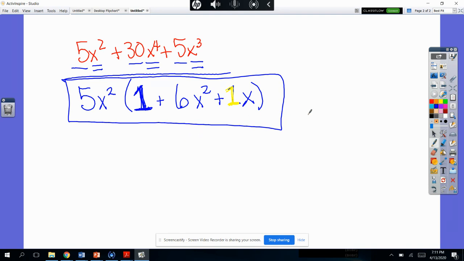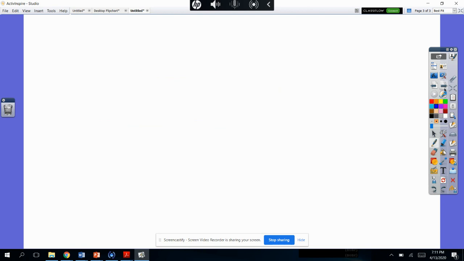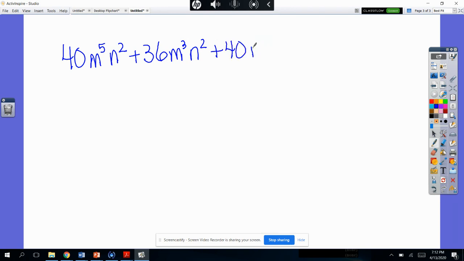Okay, let's try one more together. The next example is 40 m to the 5th n squared plus 36 m to the 3rd n squared plus 40 m n to the 3rd. There's a lot going on there.